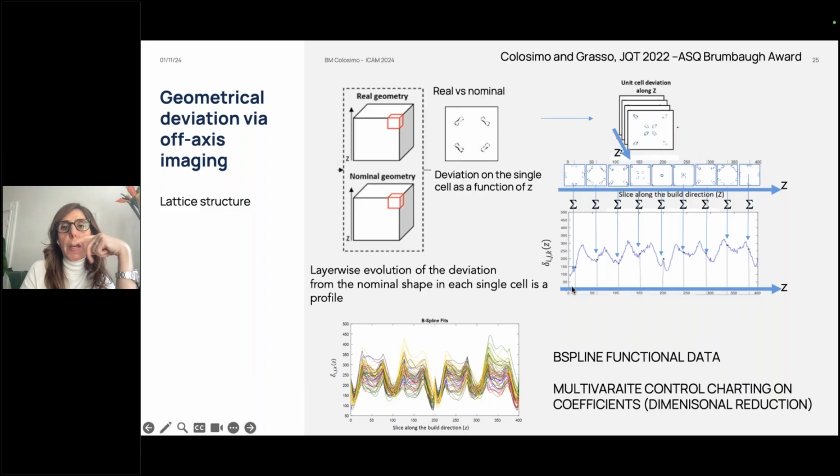The way in which we have been transforming this sequence of deviation images into one profile is just summing up, at each specific Z, so each frame of this video, the overall intensity of the pixels, which represents the overall deviation observed at that specific location for that specific cell, and just doing this reconstruction as a function of Z, of the height. And so the end of the story is that I'm able to represent the printed geometry of one cell as a profile. And then we have been just doing our profile modeling using a spline, and then doing some SPC based on this spline.